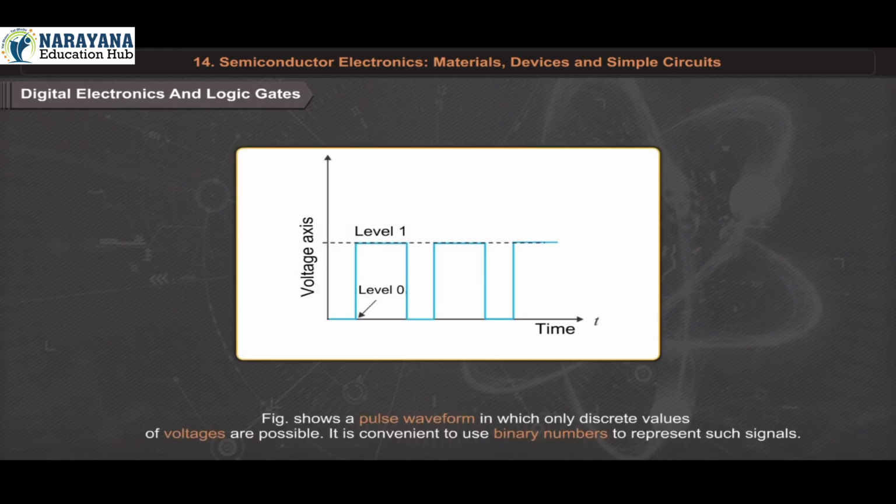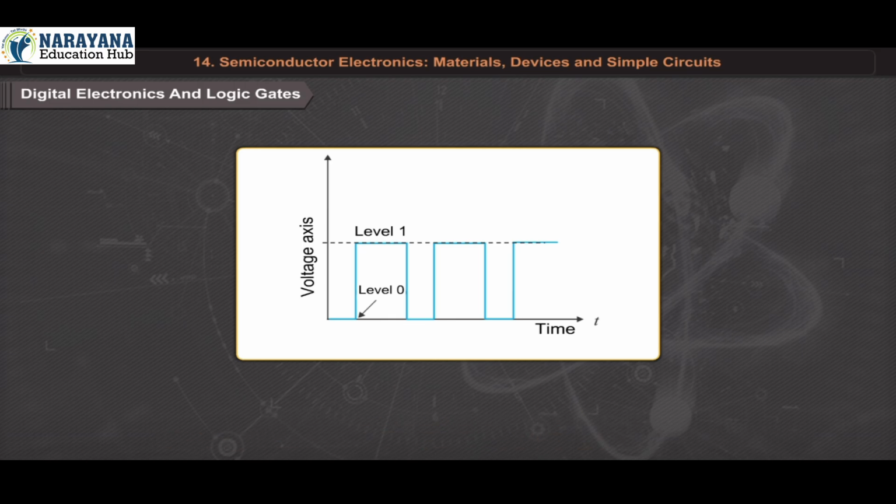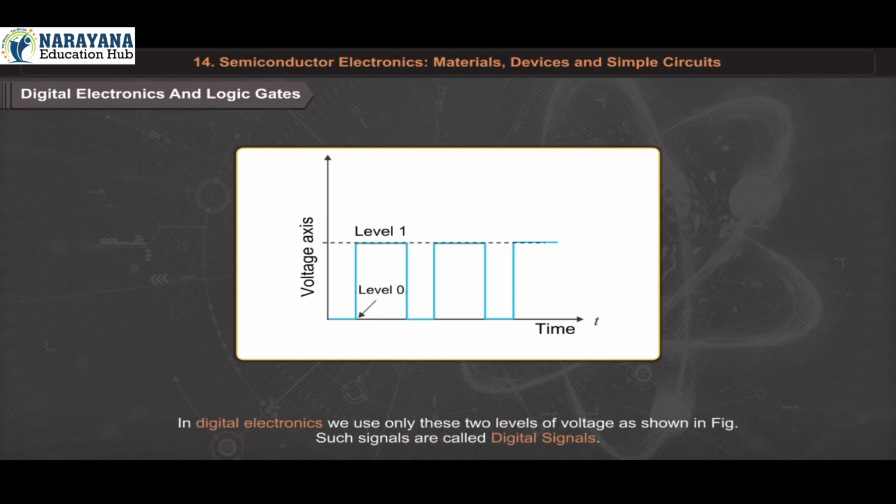Figure shows a pulse waveform in which only discrete values of voltages are possible. It is convenient to use binary numbers to represent such signals. A binary number has only two digits, 0, say 0 volt, and 1, say 5 volt. In digital electronics, we use only these two levels of voltage as shown in the figure.